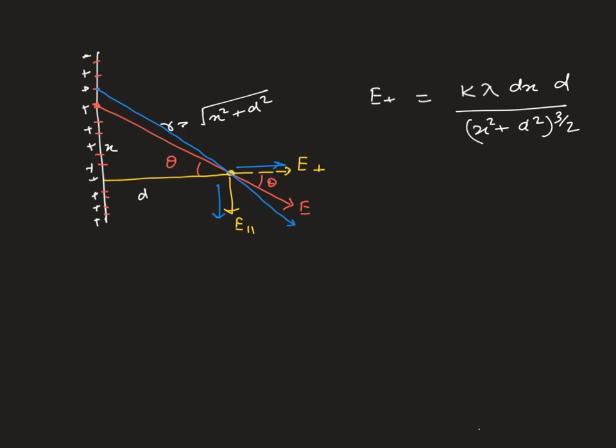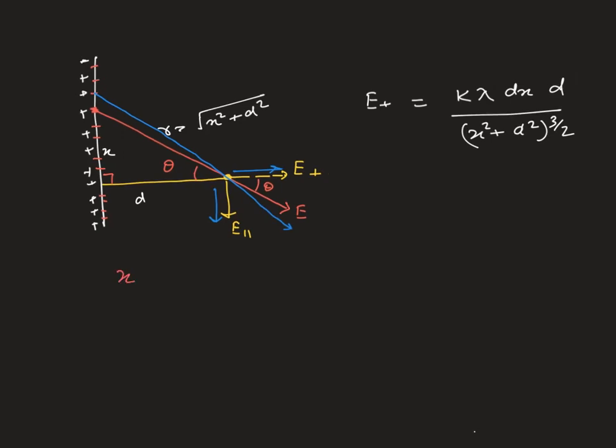So how do we add this? Again, focusing on this right angle triangle, we have x upon d equal to tan theta, so x is equal to d tan theta, and dx will be equal to d sec squared theta d theta.